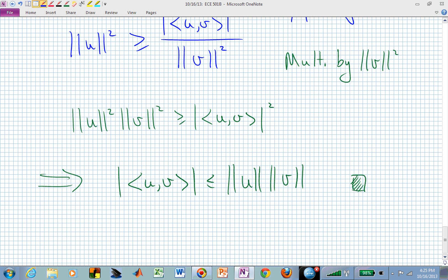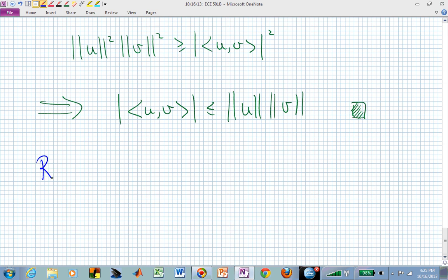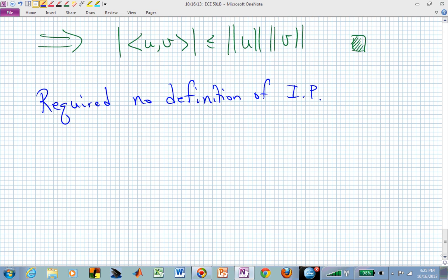So this required no definition or specification of the inner product. And I want you to just remember that this now gives us an angle.